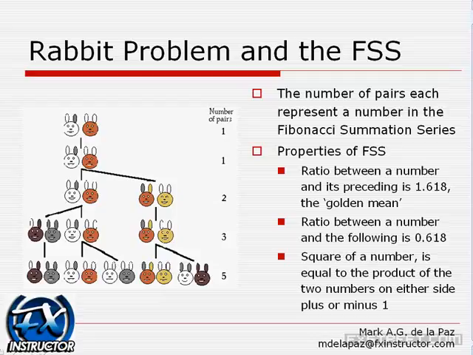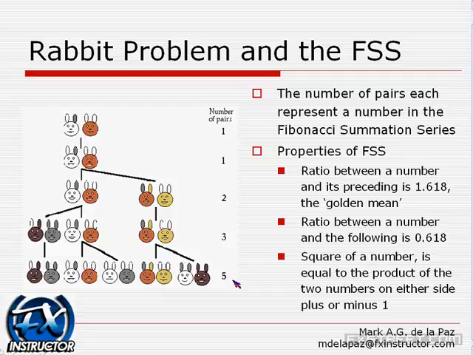We also have what's called the golden conjugate. The golden conjugate is basically a ratio between a number and that following it in the series. So the golden mean is the ratio between a number and that preceding it, and the golden conjugate is the ratio between a number and that which exceeds it.